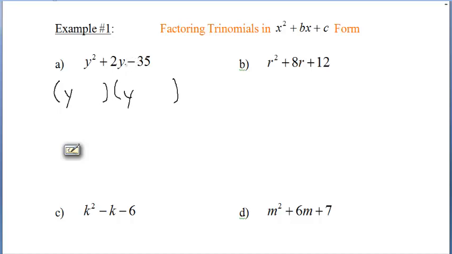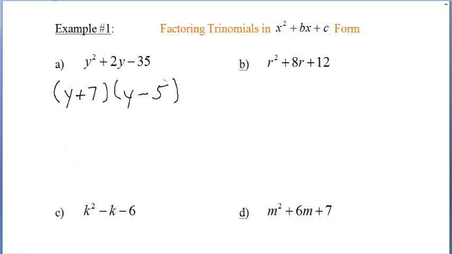Since this is a negative, in order to get a negative in multiplication, one of the factors has to be positive and the other factor negative. So what we're looking for are the factors of negative 35 that add to a positive 2. That would be a positive 7 and a minus 5.